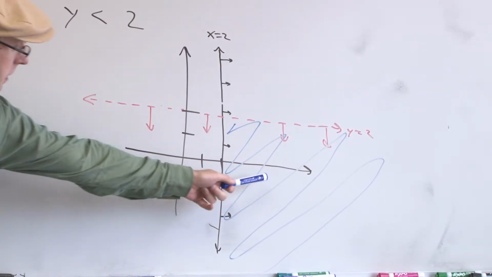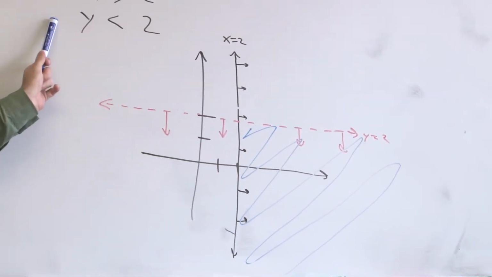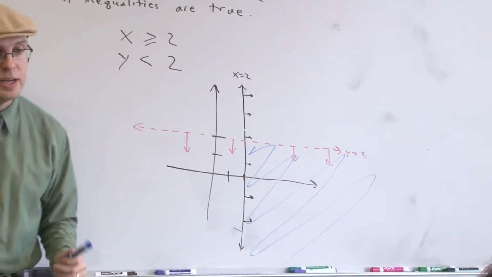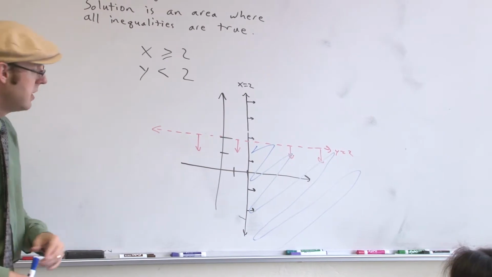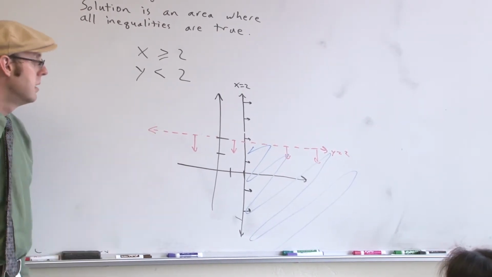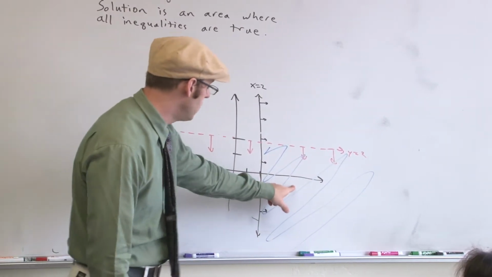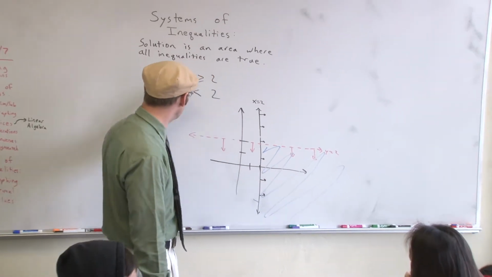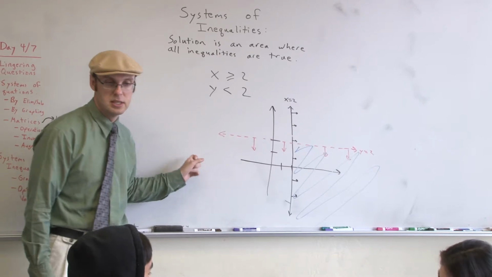Any point in there satisfies both of these inequalities. That's the idea of a system of inequalities. It gives you a nice little area where you pick any point in there, and the x and y values at that point satisfy all the inequalities that I give you.